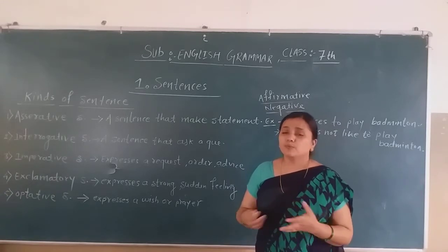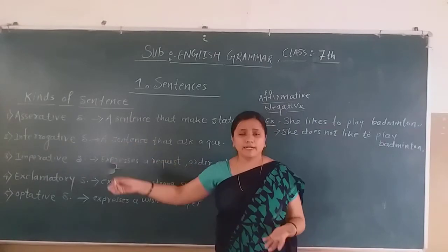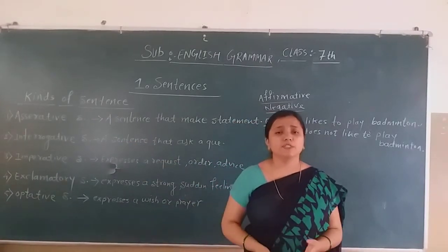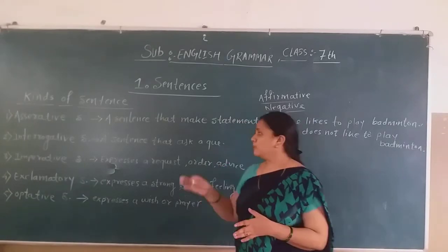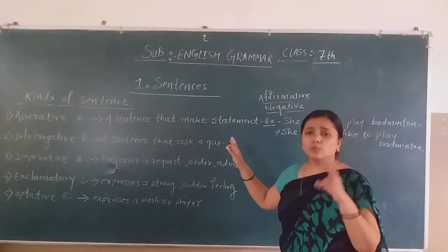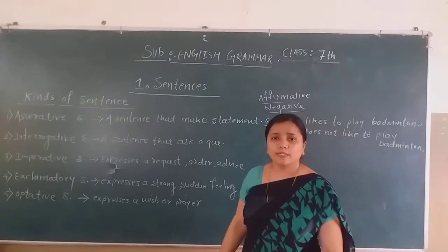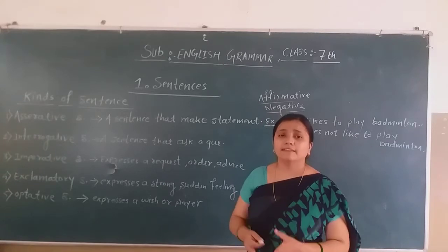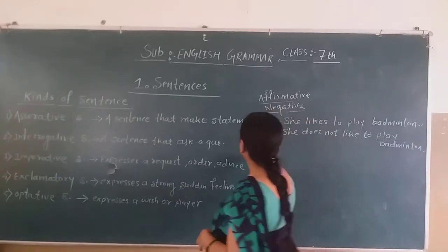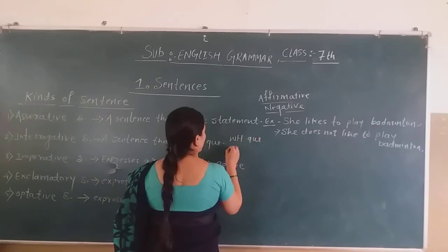It is very easy to form an interrogative sentence which starts with WH words or any helping verb. I already explained to you that there are 2 kinds of interrogative sentence. How many kinds of interrogative sentence? Yes, there are two kinds of interrogative sentence, and that is WH question and verbal question.